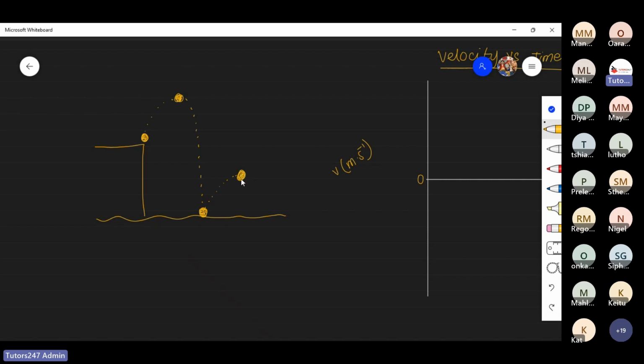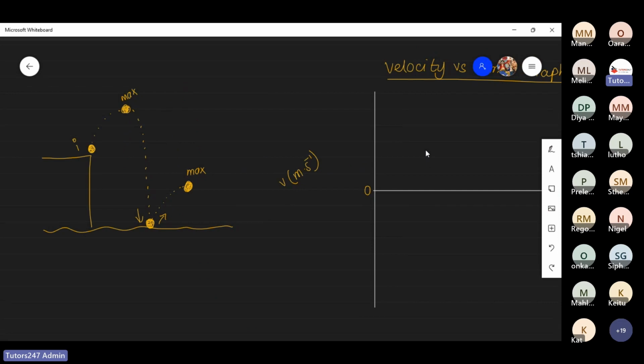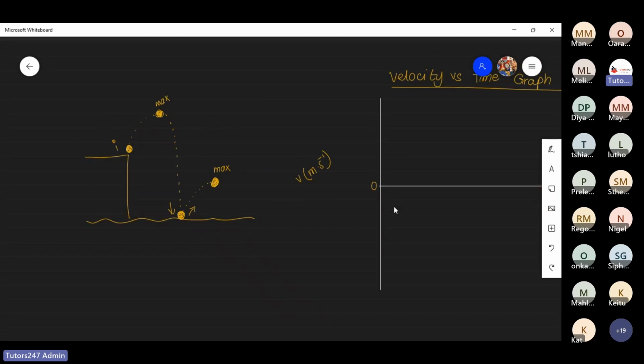So I'm going to tick off as I move through. So this is going to be the initial velocity. This is going to be the maximum height velocity. This will be hits the ground. This will be rebounds from the ground. This will be the second maximum height. So it's just a checklist or a guide for me to say, okay, I've done this, I've done this, I've done this, I've done this. So I don't skip anything.